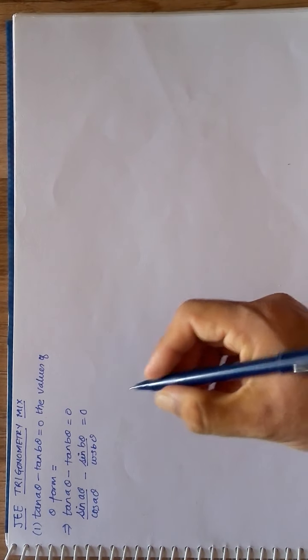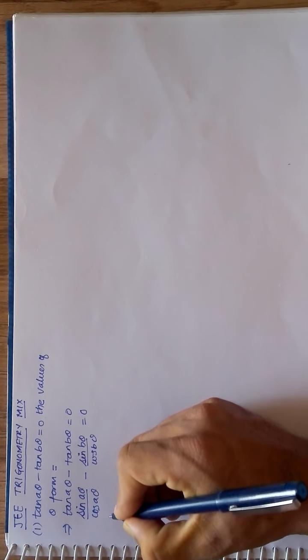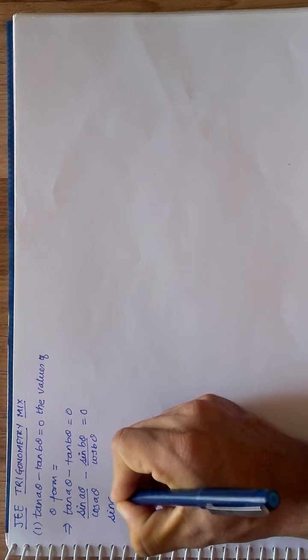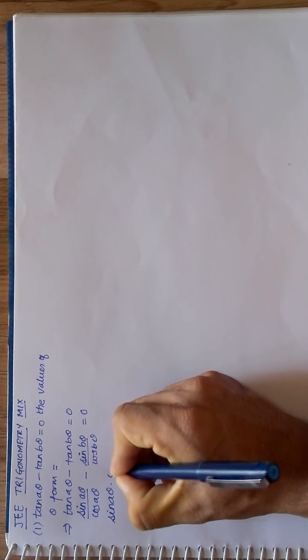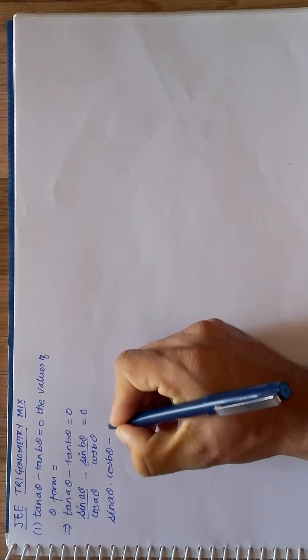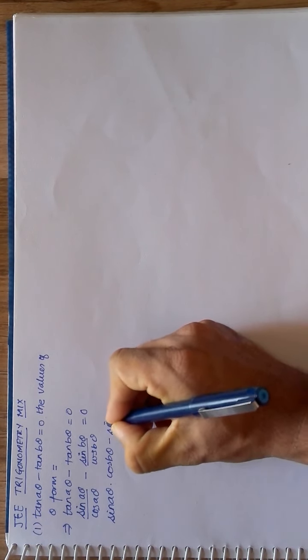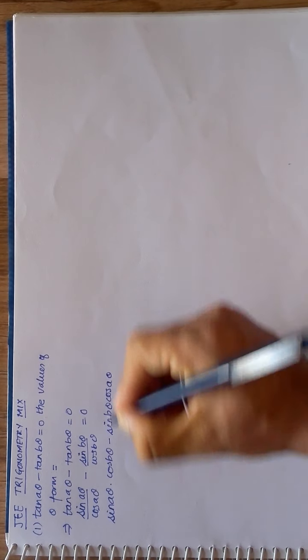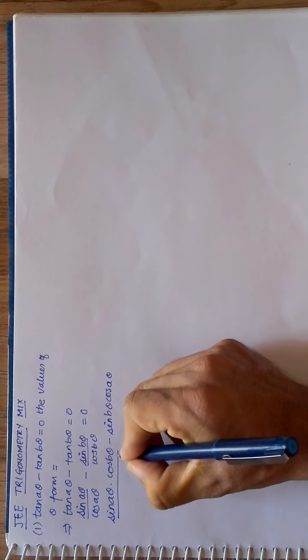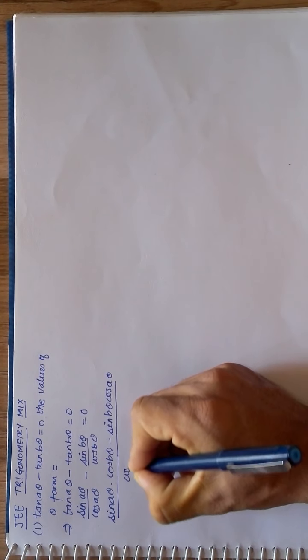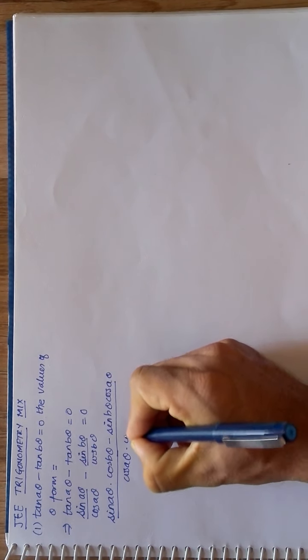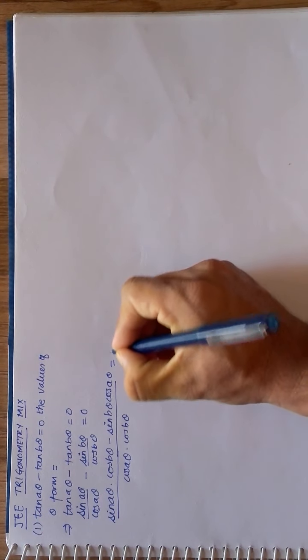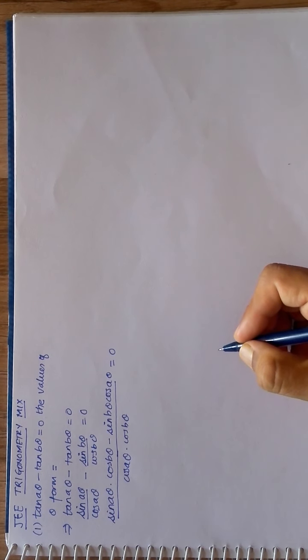On taking LCM you get sin Aθ cos Bθ minus sin Bθ cos Aθ, upon cos Aθ cos Bθ, which is equal to 0.